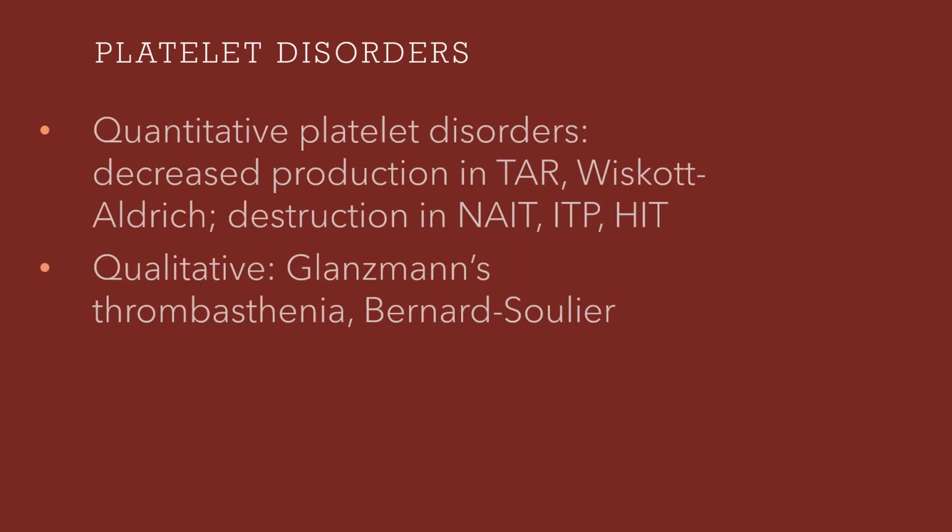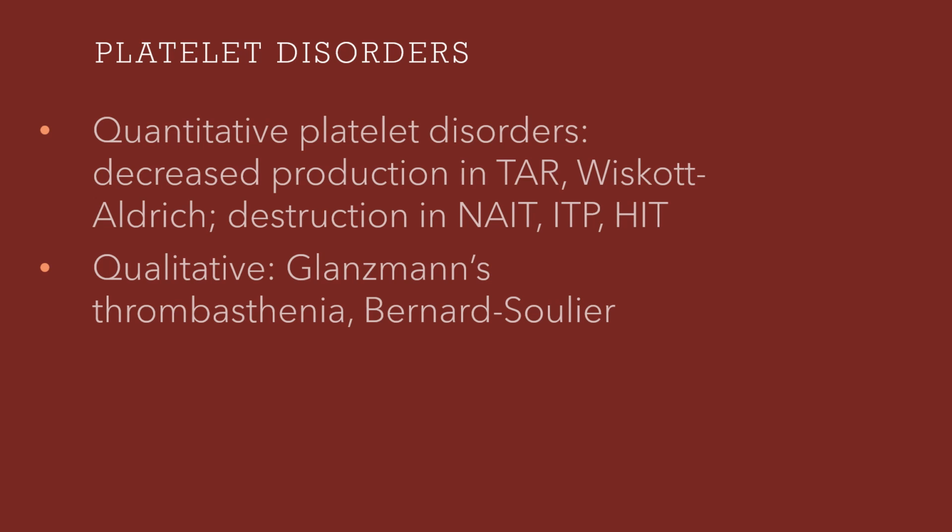So now we'll move to platelet disorders. We can separate these into two subcategories: quantitative platelet disorders like decreased numbers, and then qualitative like problems with their function. The quantitative platelet disorders, where the numbers are down, we see decreased production in thrombocytopenia absent radius, so TAR, and then in Wiskott-Aldrich syndrome.